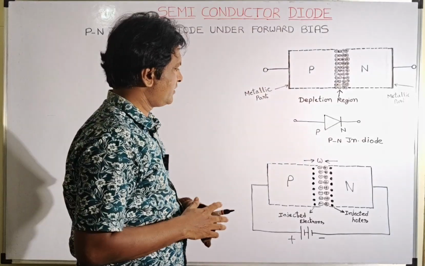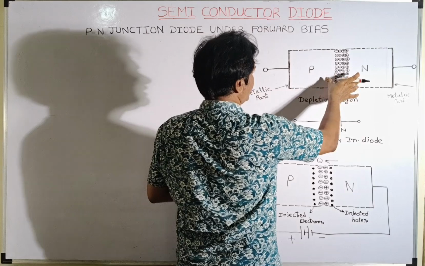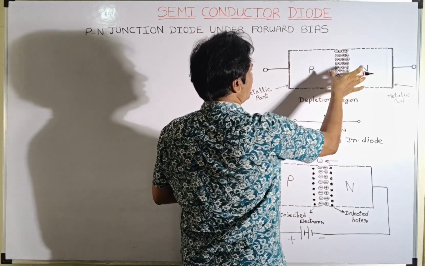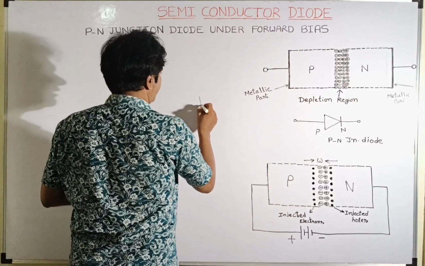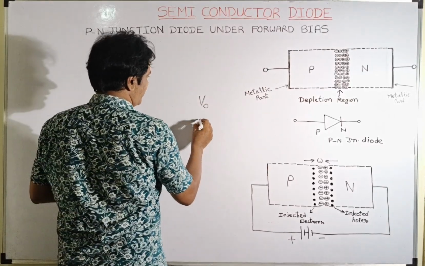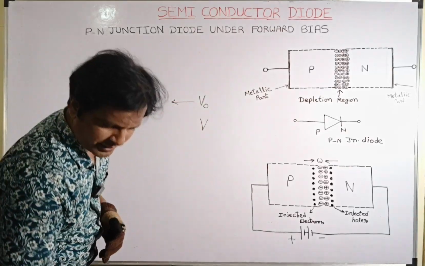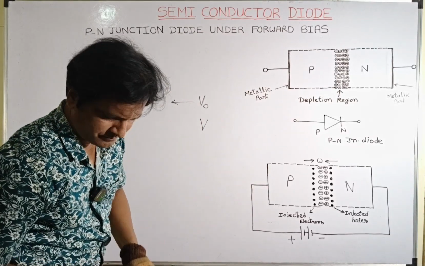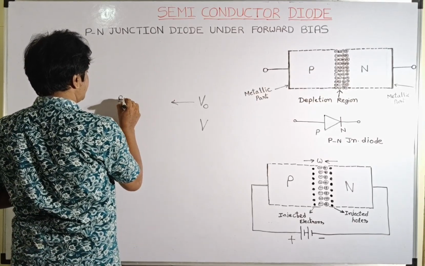When we apply external voltage, there is already a diffusion that has happened, and there is a potential which is also called barrier potential or built-in potential, that is represented by V naught, and the applied potential is V. This is barrier potential or built-in potential.